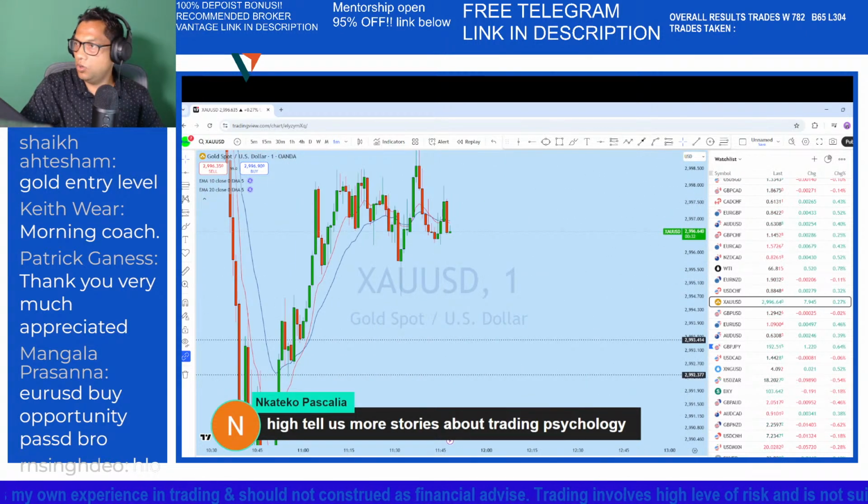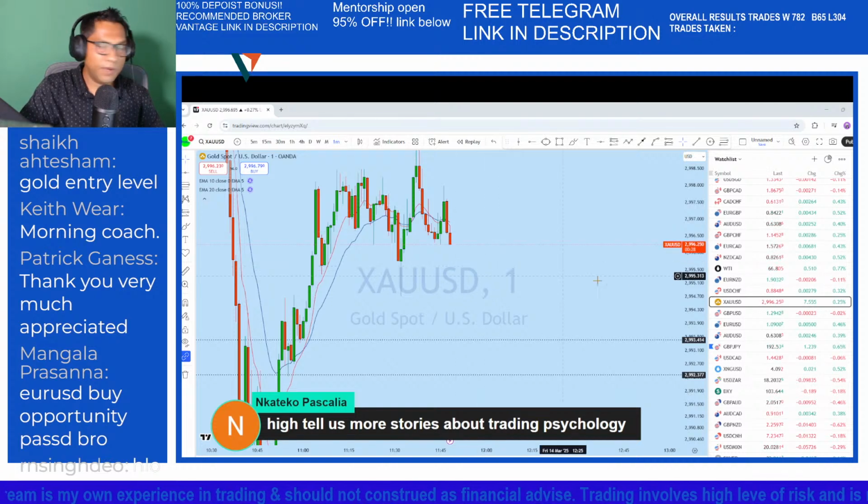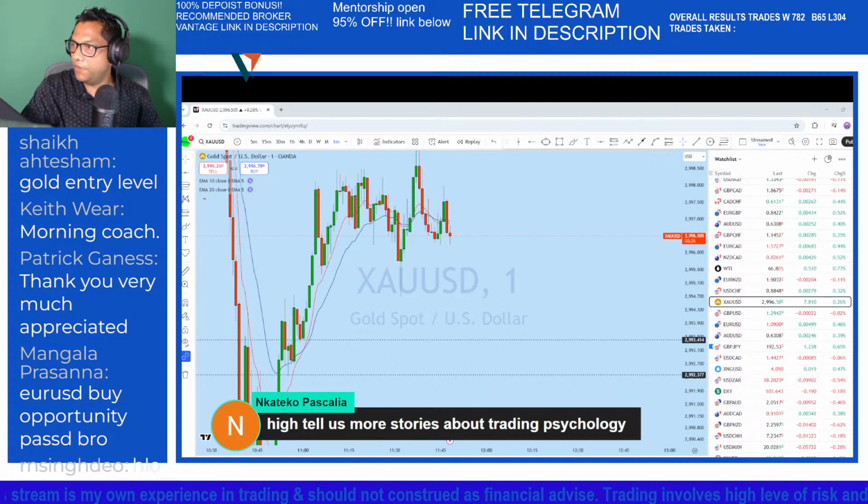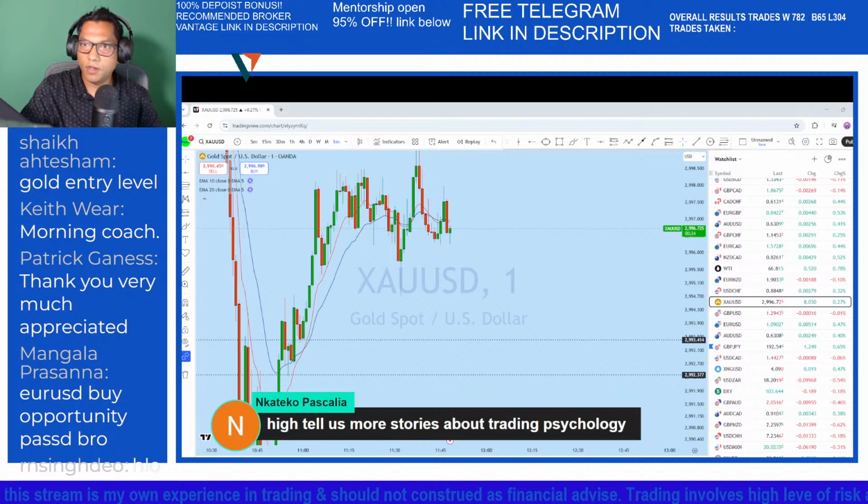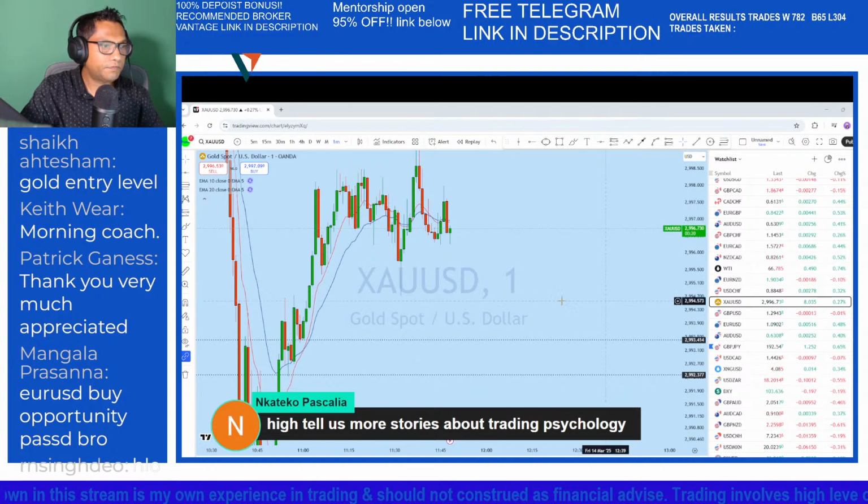So what we will be doing here, guys, as it is showing a potentially bearish structure, we'll be placing a pending order here again, sell stop in that area.